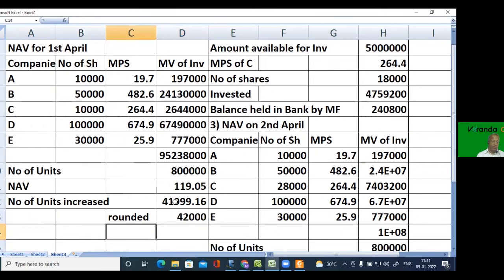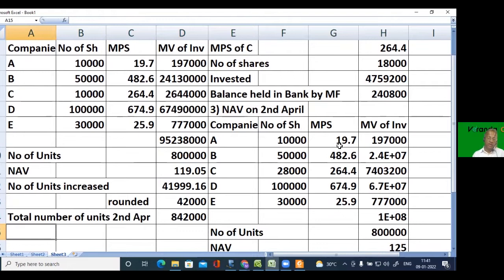Now what will be the total number of units for 2nd April? It is going to be 8 lakhs plus 42,000.